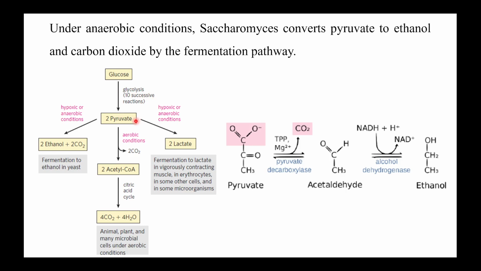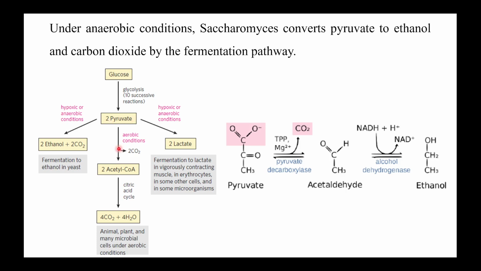After pyruvate formation, under normal aerobic condition, like in humans also, when we are breathing and we are surviving under aerobic conditions, right? We need oxygen to survive. So in the presence of oxygen, oxygen will be the terminal electron acceptor.